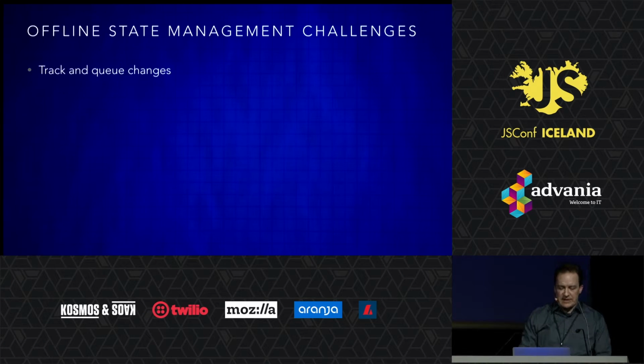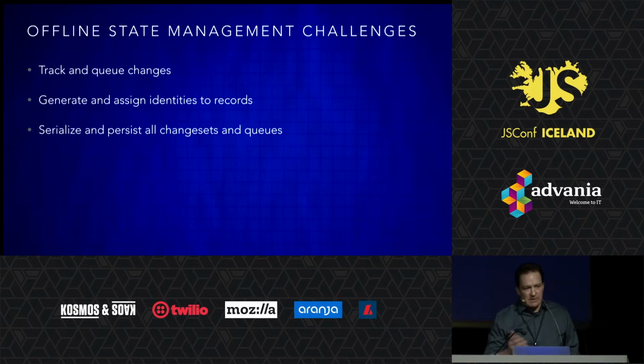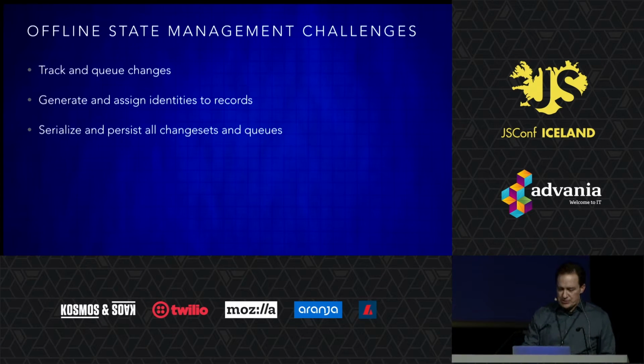Need to track and queue changes that happen while offline. Need to generate and assign identities to records, serialize and persist all change sets and queues so that if the browser is closed unexpectedly, then you don't lose all your users' data.